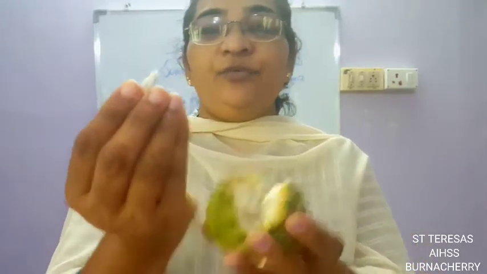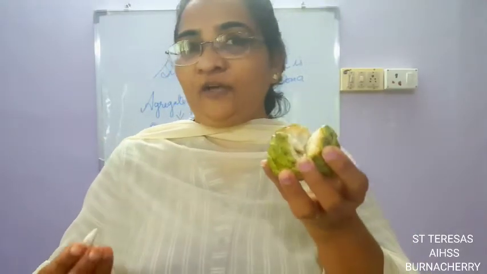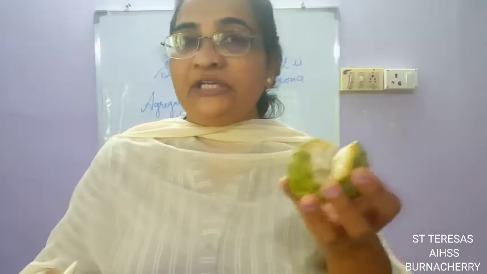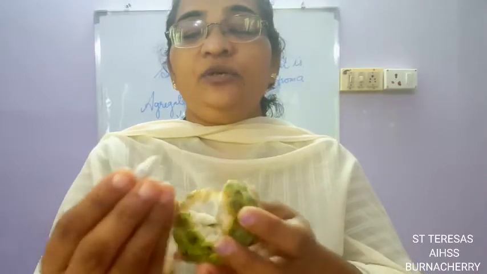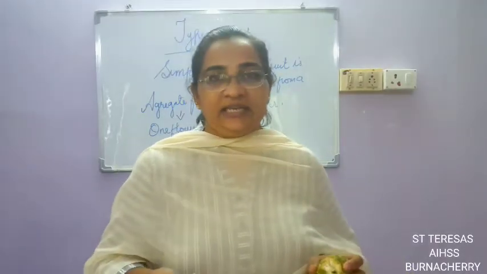But this fruit is formed from a single flower. Only one flower is there, not many flowers. Okay? One flower has got many ovaries, and all those ovaries turn into fruits, and then it looks like a single fruit. It's all clustered to join together. Such a type of fruit is called an aggregate fruit.